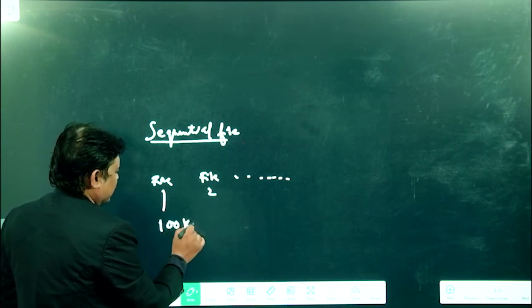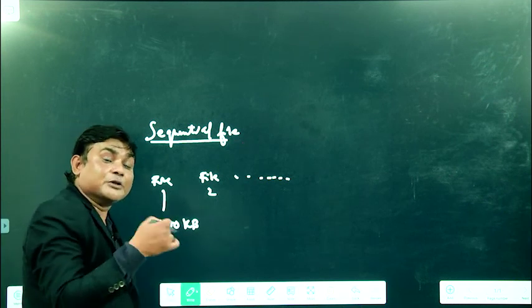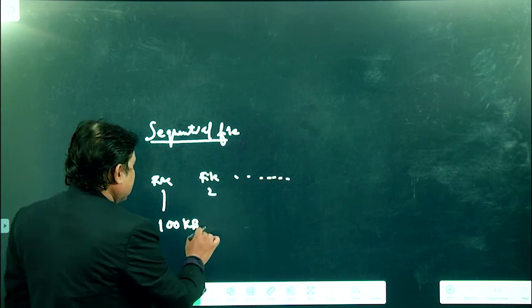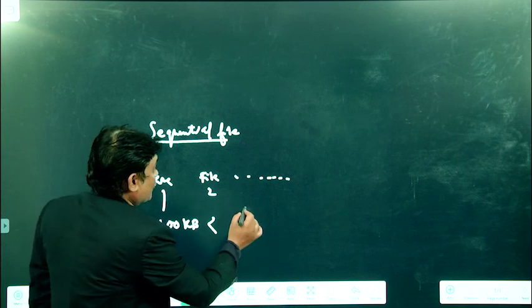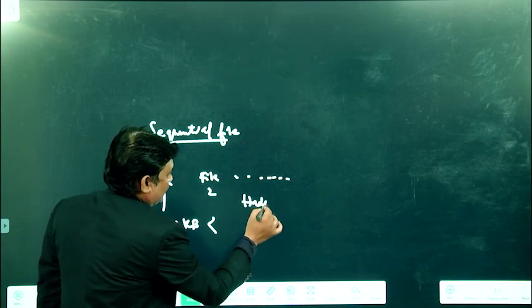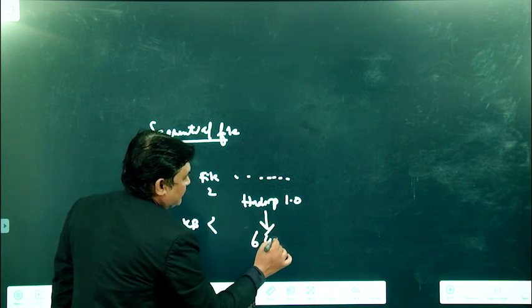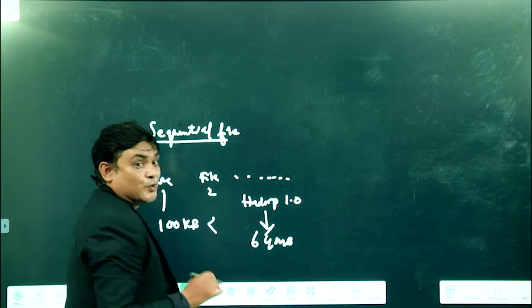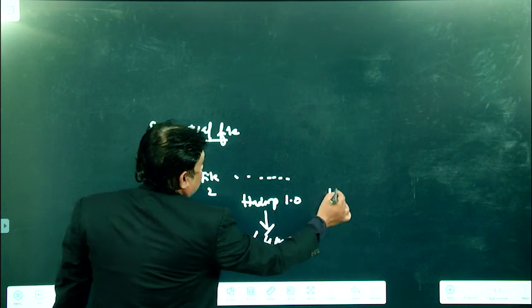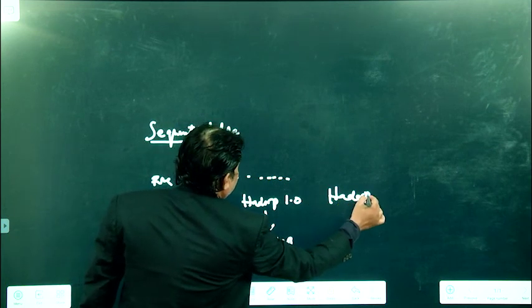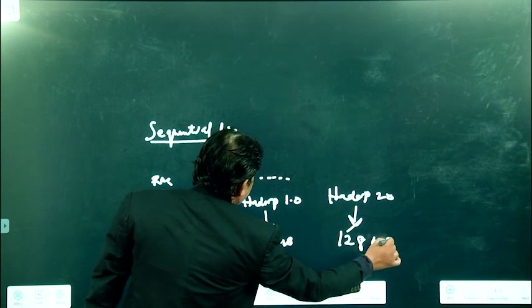This 100 KB is very much less than the size of a block in HDFS. In Hadoop 1.0, the default block size is 64 MB. In Hadoop 2.0, you can find 128 MB.